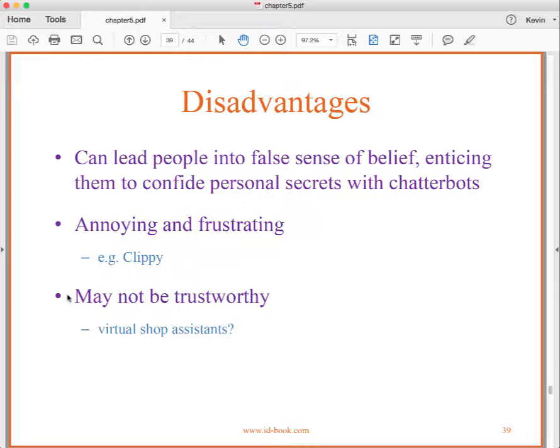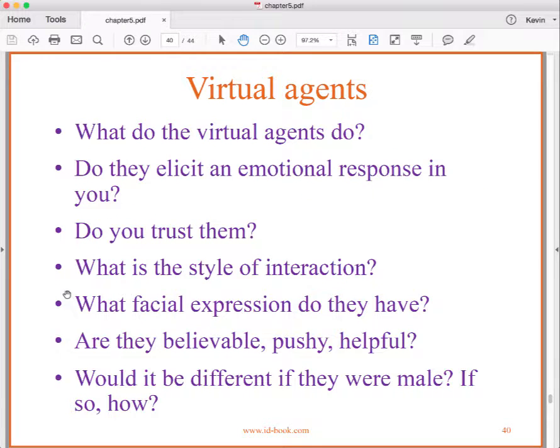But how do we know how trustworthy a virtual assistant is? Well, perhaps through experience. But if we don't have any experience with them, what's going to get us to trust them? We're really going to have to pull out some very positive emotions to get the customer to trust our user agent who perhaps they've never met before.